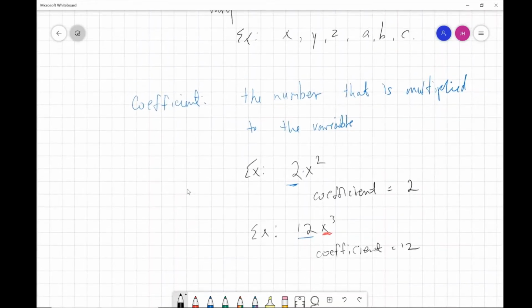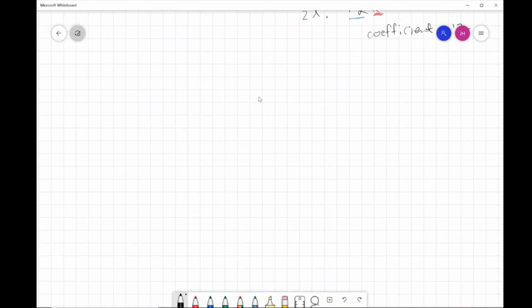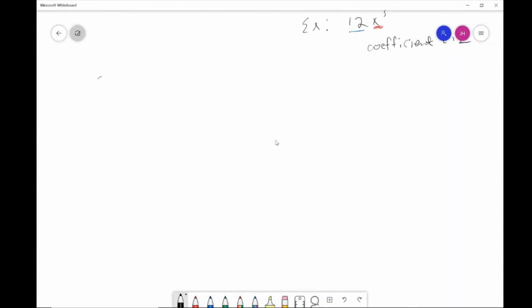Okay, now we'll jump to evaluating algebraic expressions. What do I mean by that?